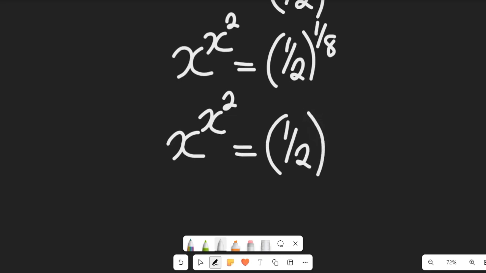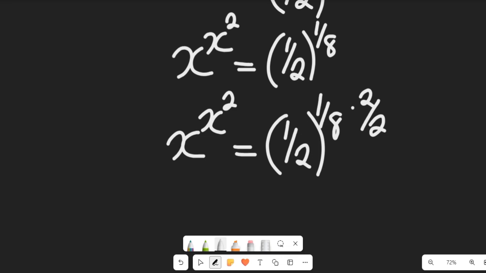Watch what I'll do over here. Multiply by 1/8, the power of 1/8, multiply by 2/2. It's just me taking 1/8 and multiplying it by 1 to still give me 1/8. So what do I have there?